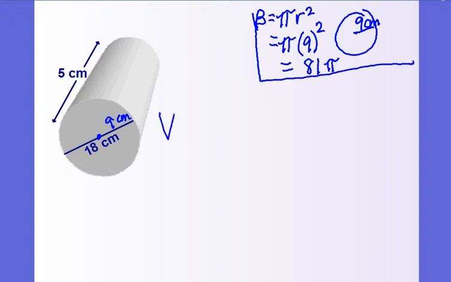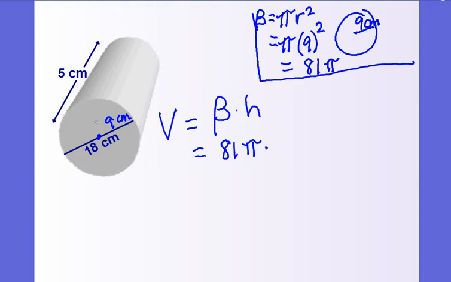To get the volume of my whole cylinder, I have to do the area of the base multiplied by the height of the cylinder. The area of our base shape, area of the circle, was 81 pi. I'm going to multiply that by the height of the cylinder, which in this case is 5 centimeters.